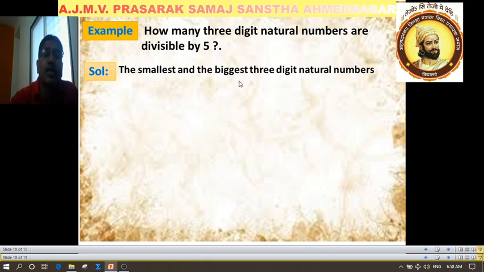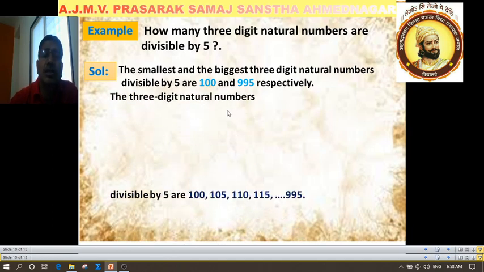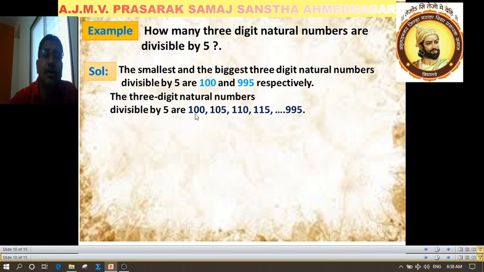So the smallest and the biggest 3-digit natural numbers divisible by 5 are 100 and 995 respectively. So the 3-digit natural numbers divisible by 5 are 100, 105, 110, 115, and so on, last 995.